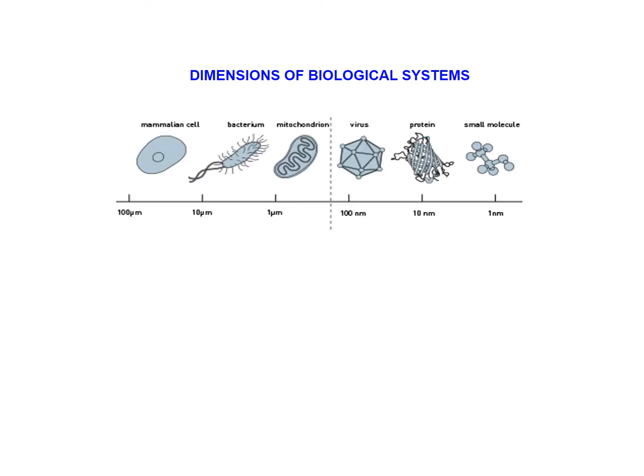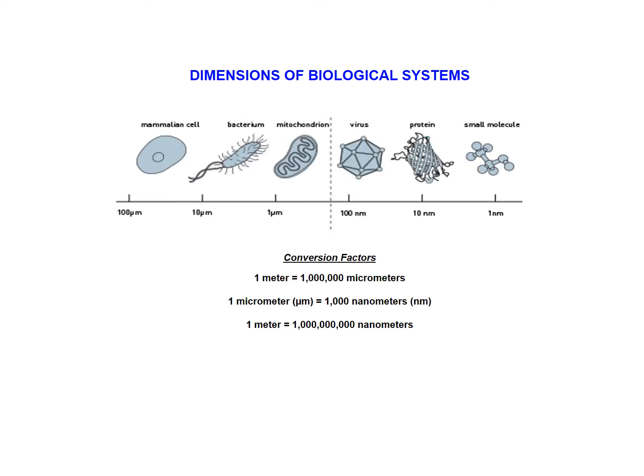These aspects are also of importance in the case of nanostructured materials, especially when we take into consideration the dimension of biological systems. We have seen this particular slide before, which gives us a range of dimensions. A mammalian cell has a characteristic dimension of 100 micrometers, a bacterium of 10 micrometers.